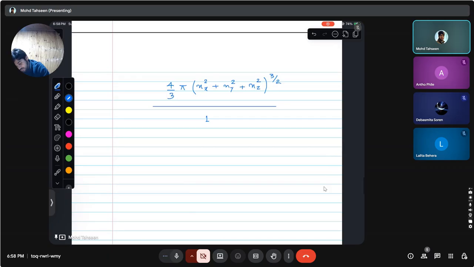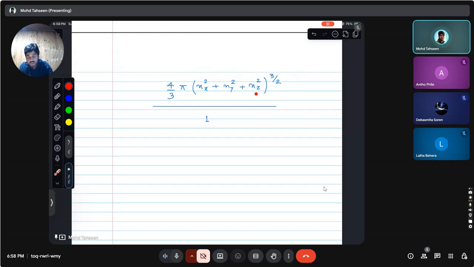And one correction is there: when we say that this is the volume of the sphere, these coordinates are allowed to be negative, because a sphere around the origin contains all the positive as well as negative points. But because these are principal quantum numbers, they only take on positive integer values.